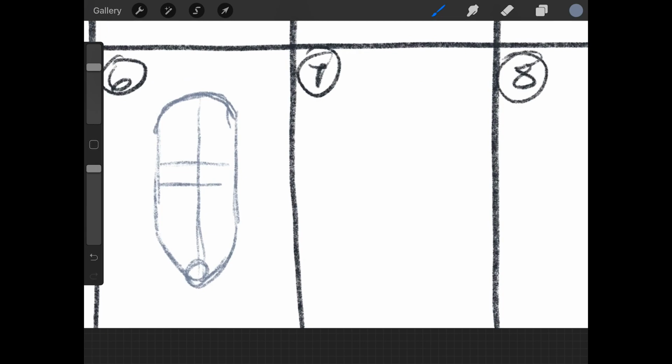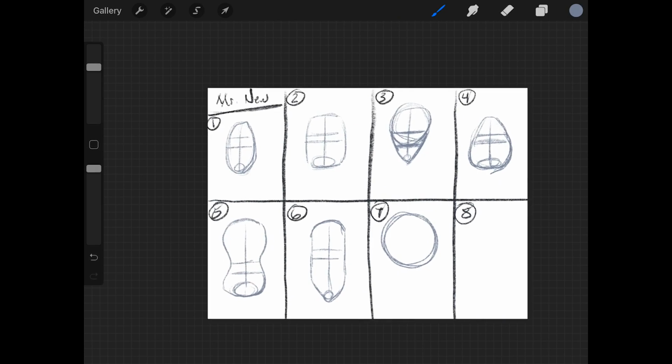Box number 7. Well, let's see what else we can come up with. Let's try something where we have a gigantic circle, and, kind of like the one right above it, number 3, we're going to do the V shape underneath it.